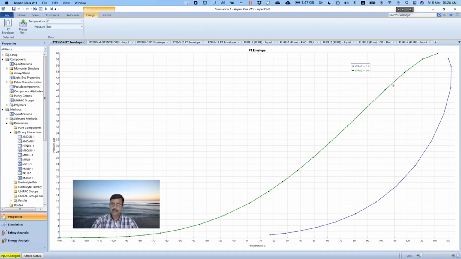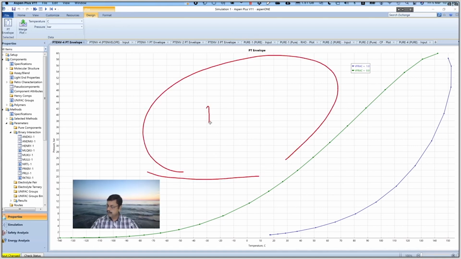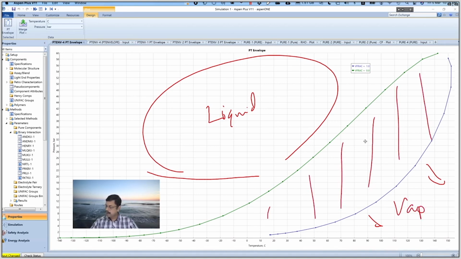Okay, so in terms of vapor liquid mixture, we can argue that this entire area over here is liquid, and this entire area this side is vapor, and in between we have vapor liquid mixture.